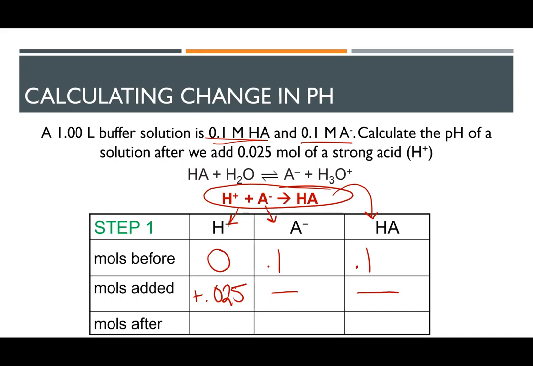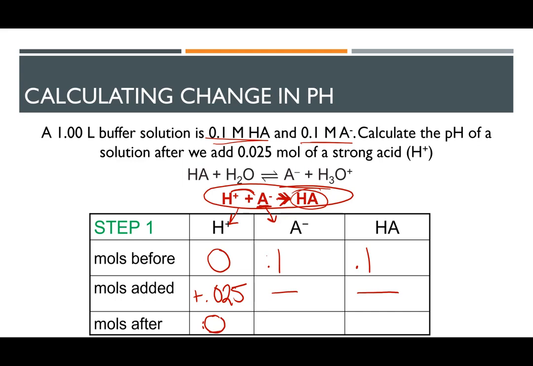So moles after. Well, after this has been allowed to react. So after we mix these two together, magical chemistry happens. What's left on the other side? So all of the strong acid is going to react. So we're going to be left with none of that at the end. So that's going to be 0. What did that strong acid react with? It reacted with our conjugate base.